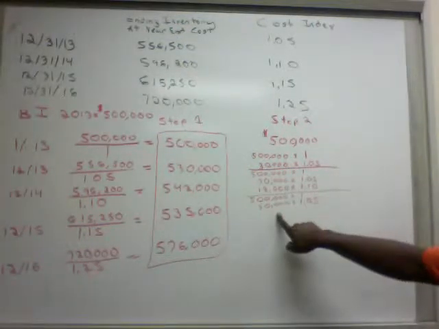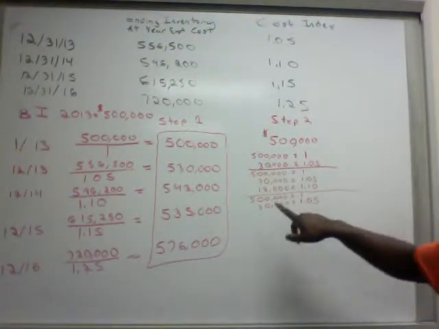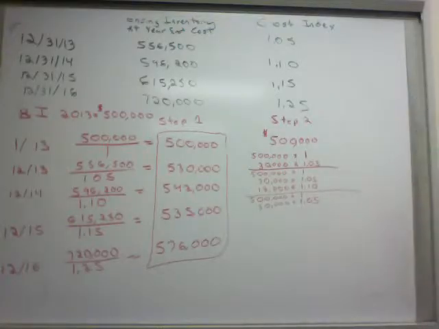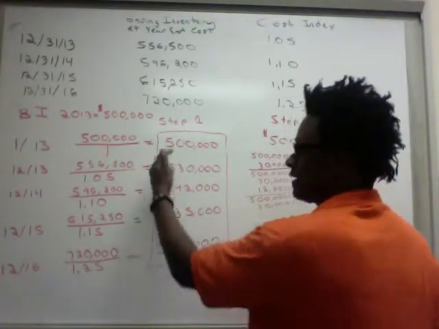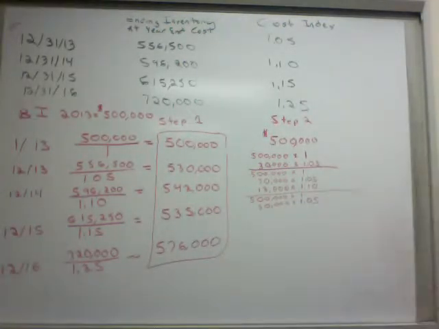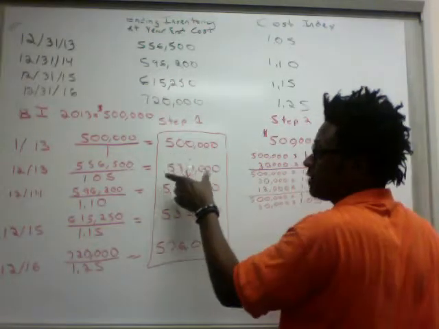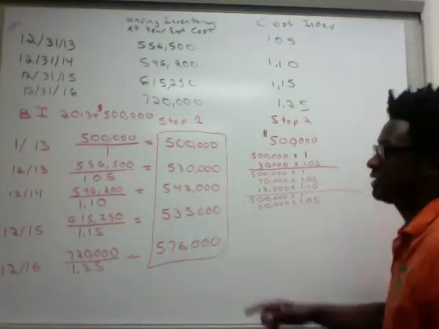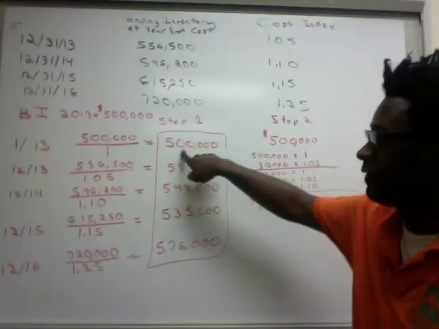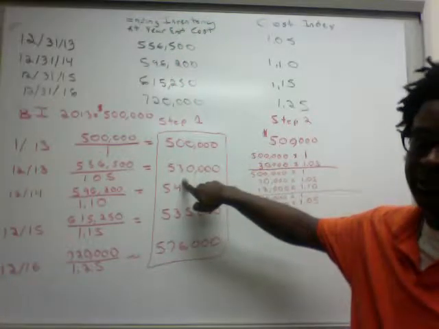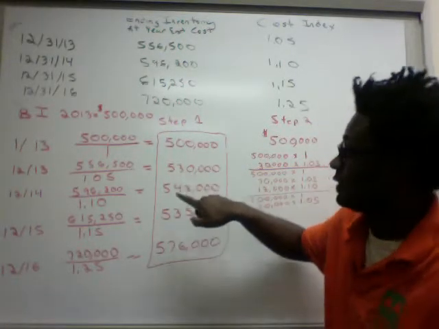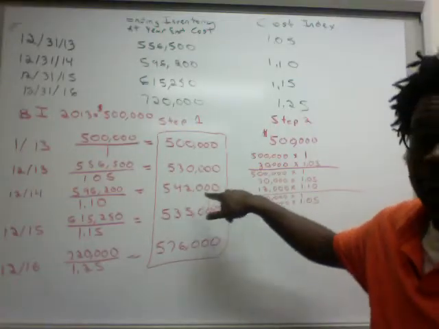But I'm going to stop right here, because I want you to pay attention. As we saw before, since we started this particular method, we noticed that the value of our cost of inventory each year has done what? Went up, right? 500 to 530 went up by 30,000. 530 to 542 went up by 12.